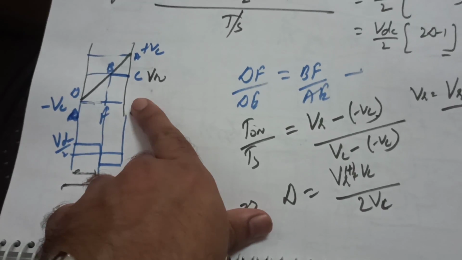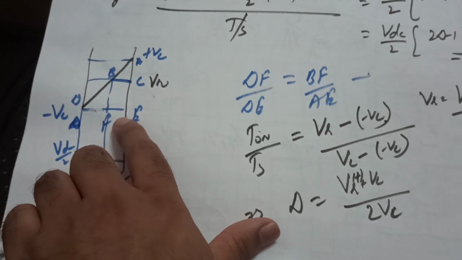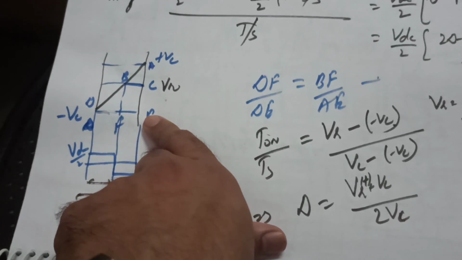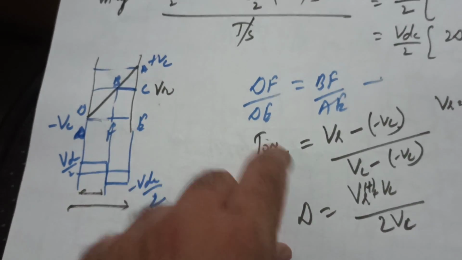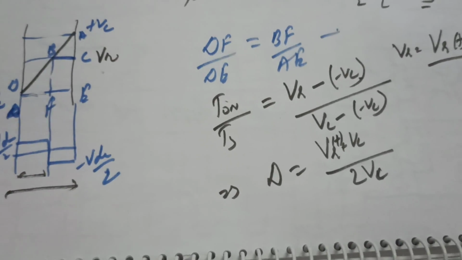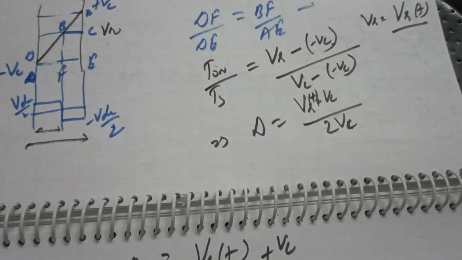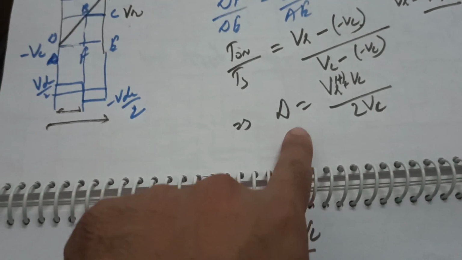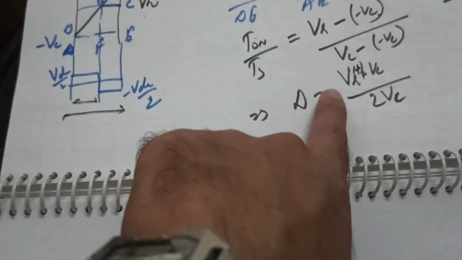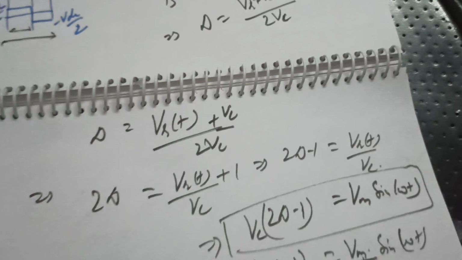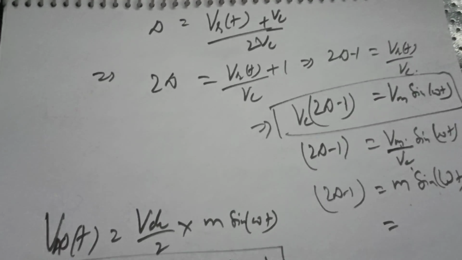While if you look at AE, AE is plus VC minus of minus VC, that is 2 VC. Clear? This is D. Clear or not? Yes, this is clear. So when you multiply this by 2, this gives us VR by VC plus 1, and 2D minus 1 gives you VR by VC. I think these points are quite clear.